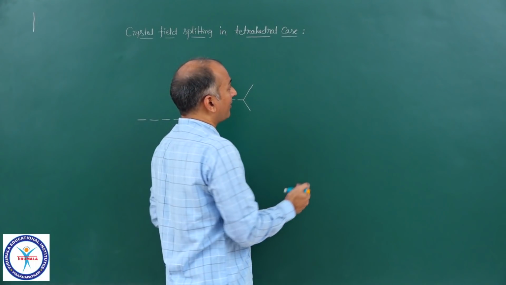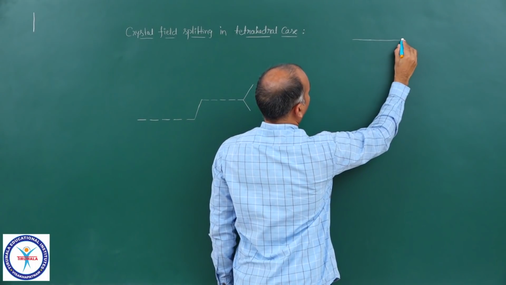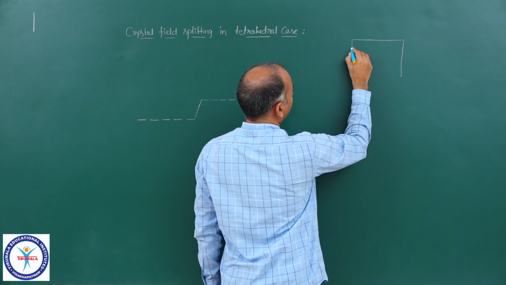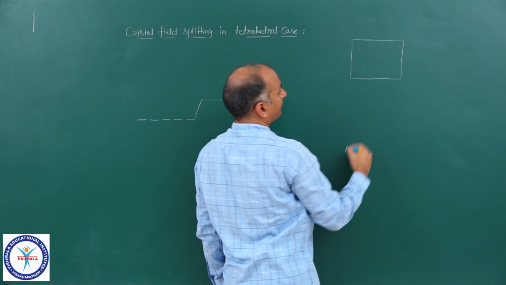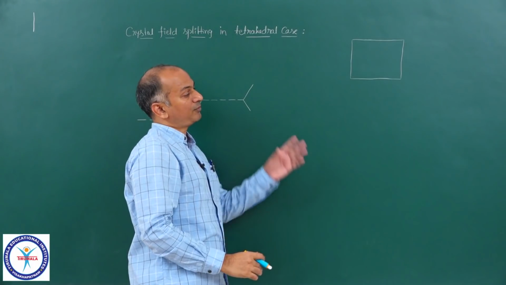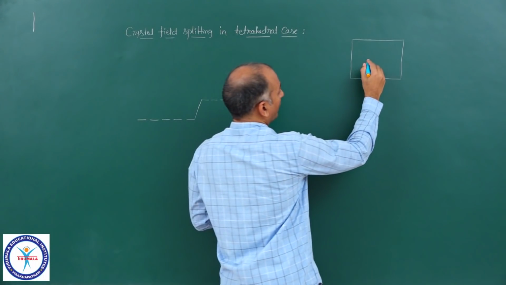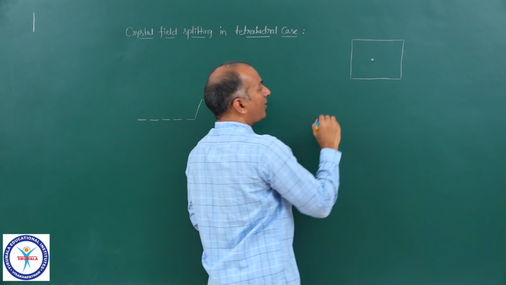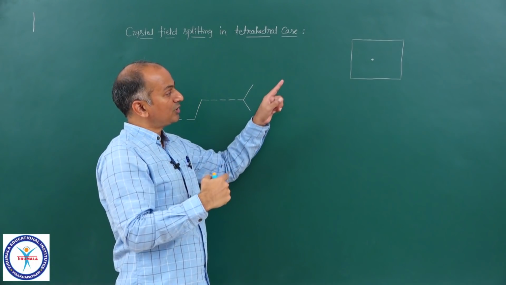Now let me prove that. Suppose you take one of the faces of the cube like this. Now this is the face. Now the face center, the lobe of dx square minus y square is pointing towards that face center.